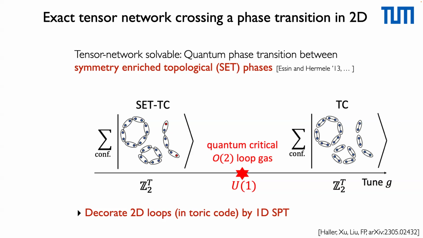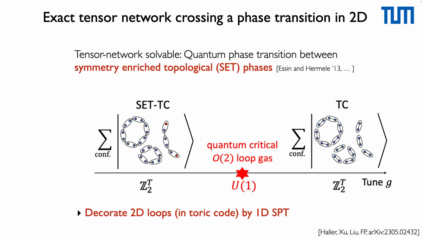What Claudio basically showed is that you can have a specific fine-tuned Hamiltonian which interpolates between the toric code ground state and a simple paramagnet, and along this entire path there's an exact tensor network state which has just a bond dimension of two.